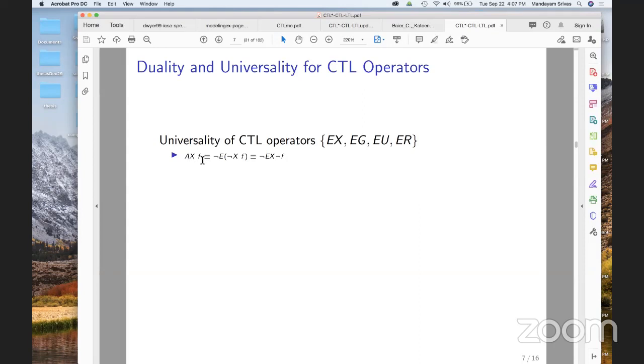So AX of F, from the law that you saw of replacing A with E, is not of E of not of X of F. But this is not in CTL form, so you have to push the negation even further down, and once again there was a law to do that in the NNF rule. So you will get not of EX of not of F.